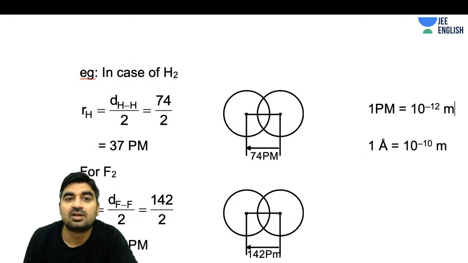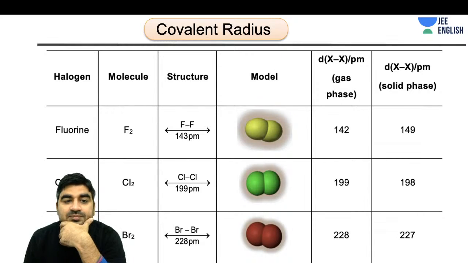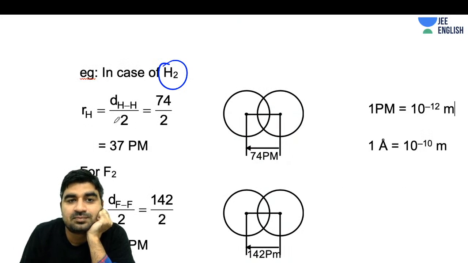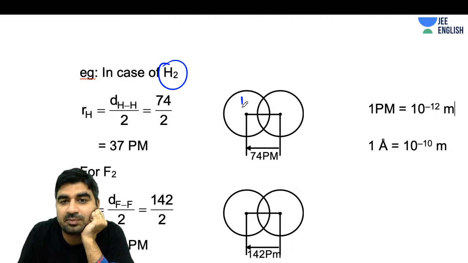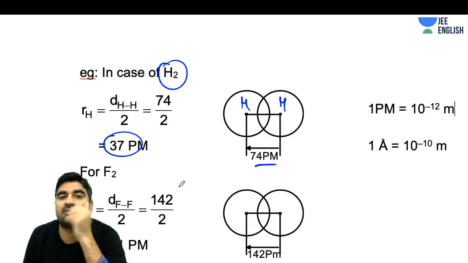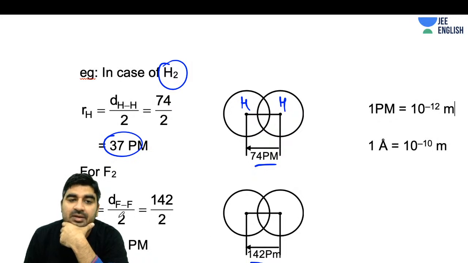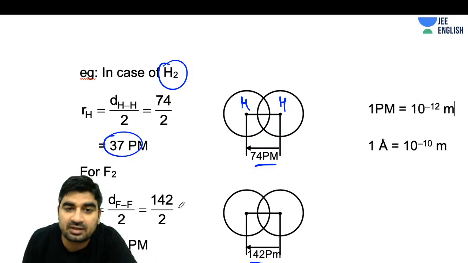Got it? So guys, the problem arises when we have heteroatomic molecules. In case of hydrogen, this is 74 picometer, so the radius of hydrogen is 37 picometer. In case of fluorine, this length is 142 picometer, and the radius of fluorine is 71 picometer.